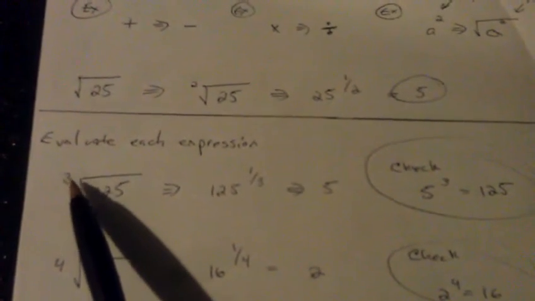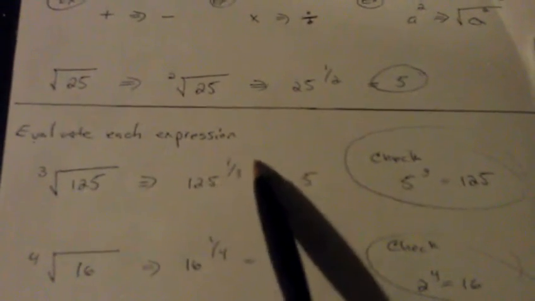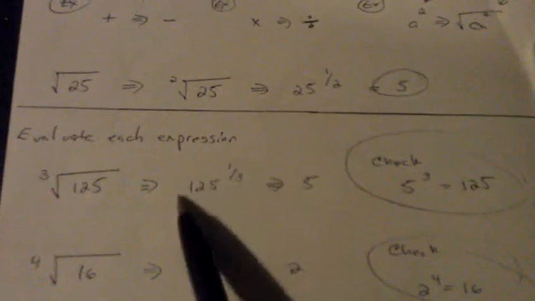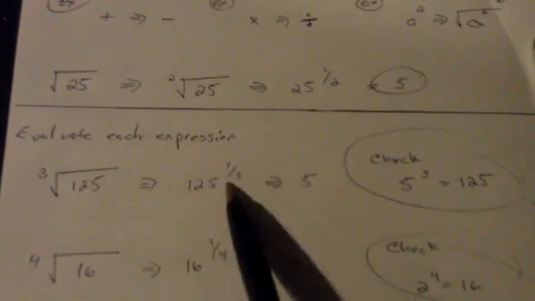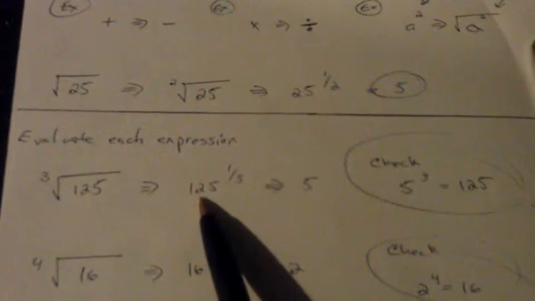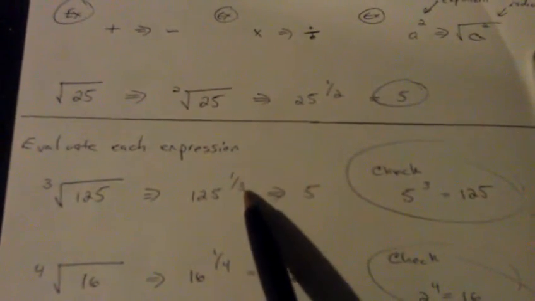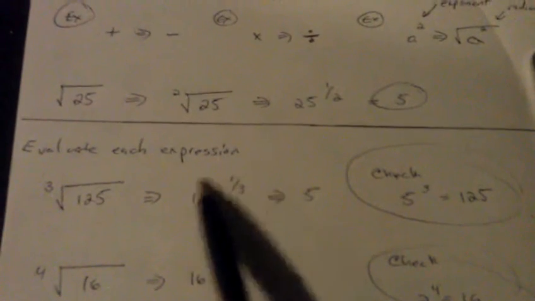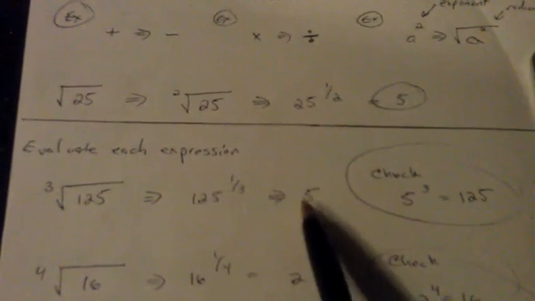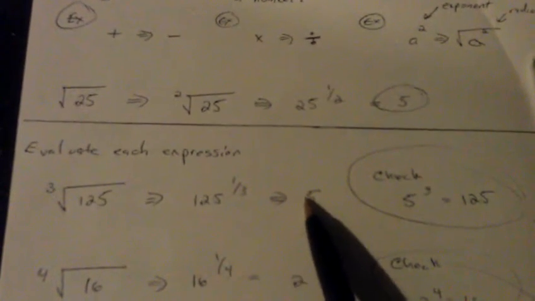It's not square. The cubic root of 125 can also be written as this. Same numerical expression, just written differently. So we can write this as 125 to the 1/3 power. So the cubic root of 125 is 5. Again, the cubic root of 125 is 5.